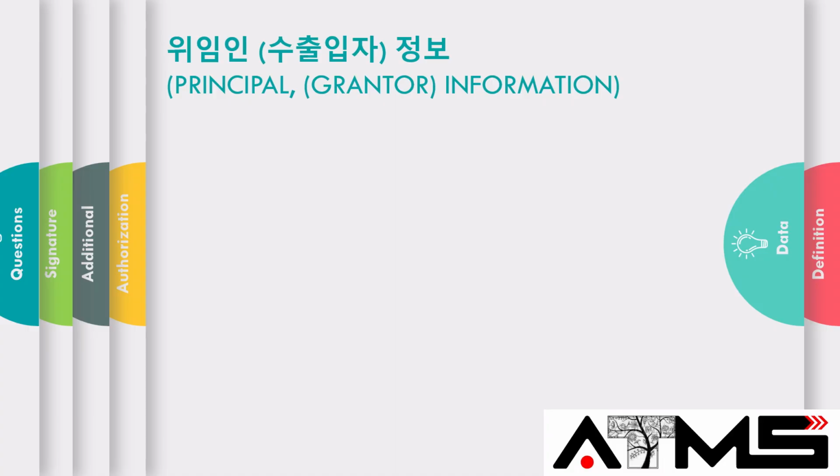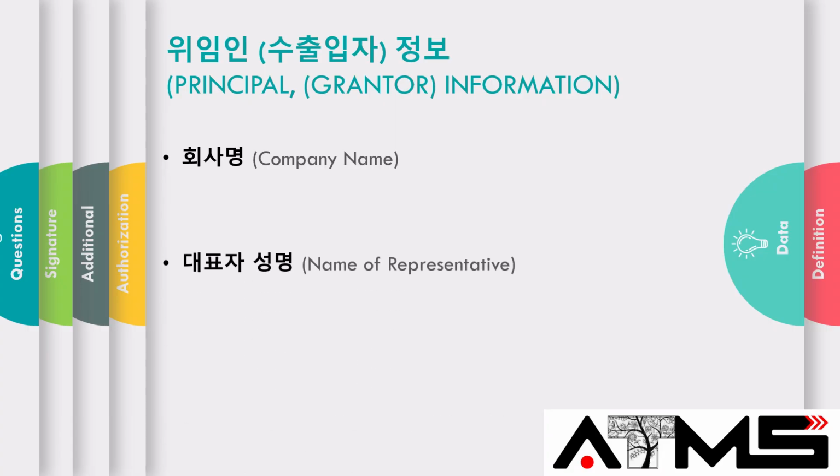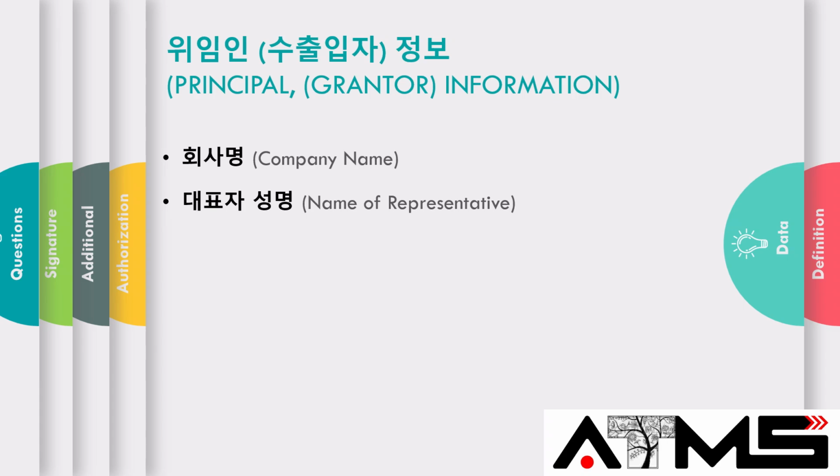Let's go over the key information that must be included in a customs POA, starting with the principals, the persons or company granting authority. The name of the importing exporting company, and the full name and title of the authorized signature.